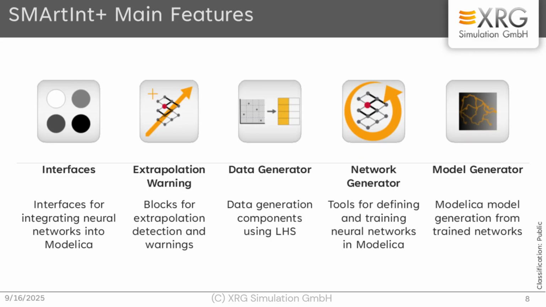As we saw before, this is inside of the blocks package. I think I've already said a little bit about most of these things. We have the interfaces that we can use to integrate the networks, and we have the extrapolation warning to detect extrapolation. We then have the data generation that works with Latin hypercube sampling, and we can use it to generate training data out of Modelica models that we then can use to train our models.